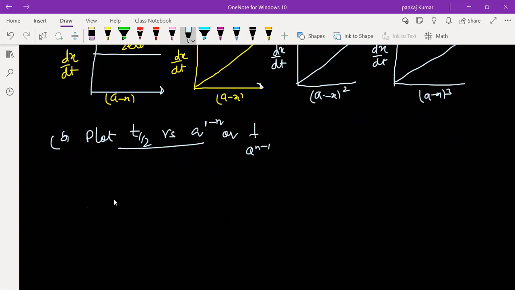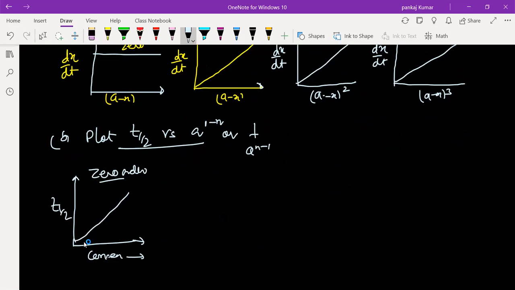So next we have, first with zero order, T half versus concentration. Graph will be this for the zero order, a straight line. Then for the first order, the graph will be parallel.